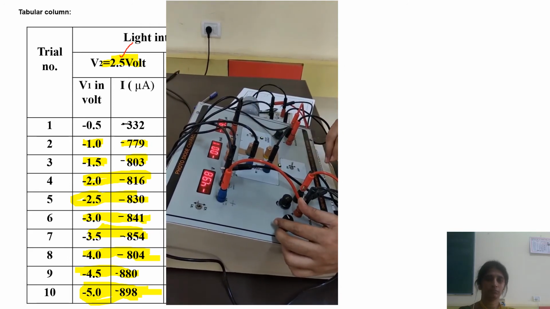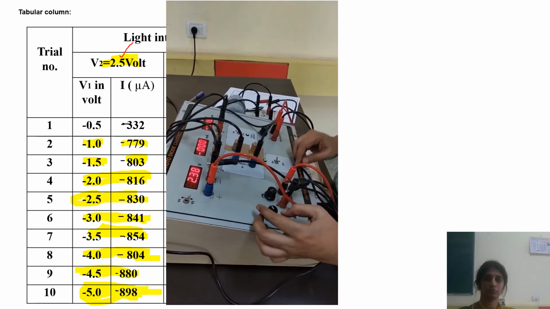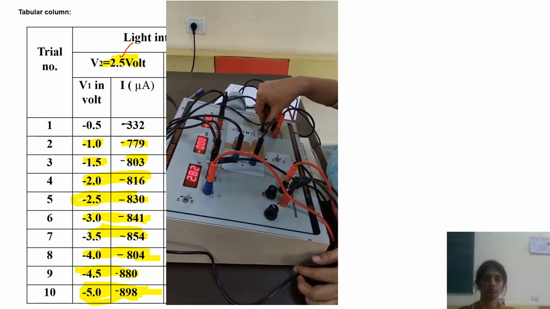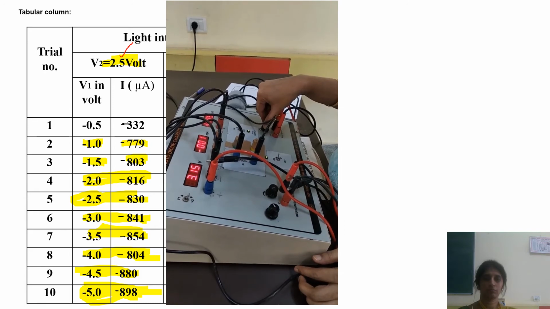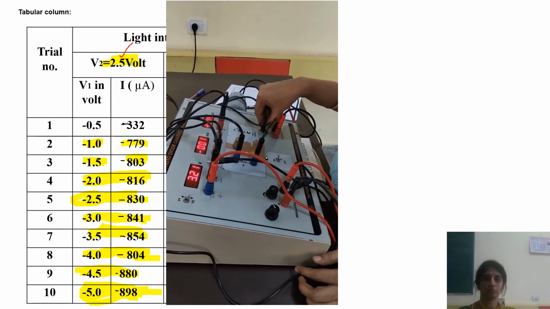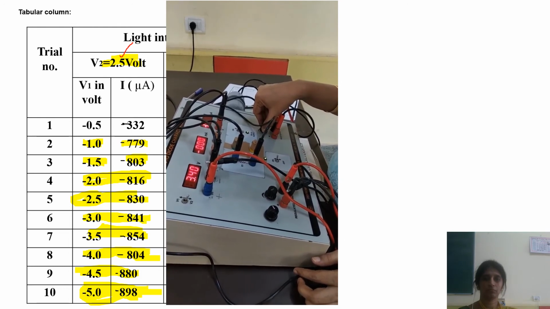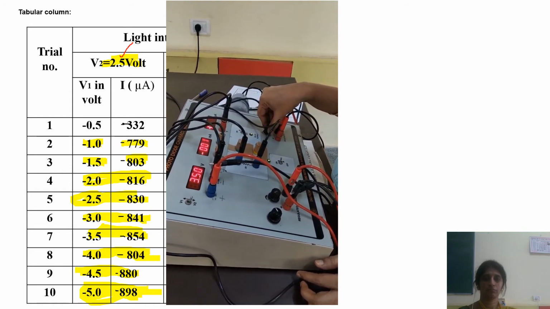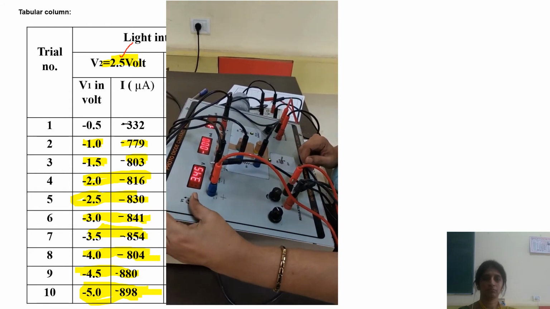Repeat the entire set of experiments by keeping V2 equal to 3.5. So V2 must be kept at 3.5 and repeat the entire experiment. So it is 3.5. Now again switch it to V1.